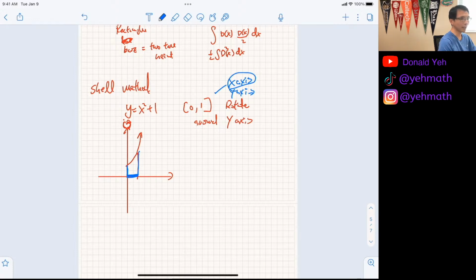It's rotating across that, so you're gonna form this shape right here. We're rotating around the y-axis, and the boundaries are the x-axis and x equals 0 and 1. So it's gonna rotate like this and become this shape right here.